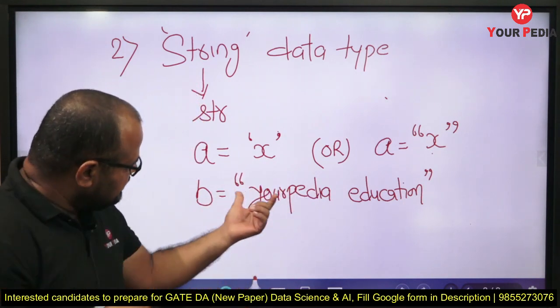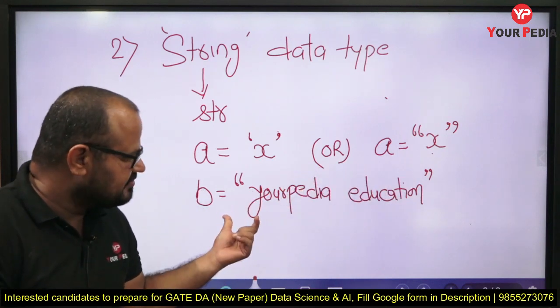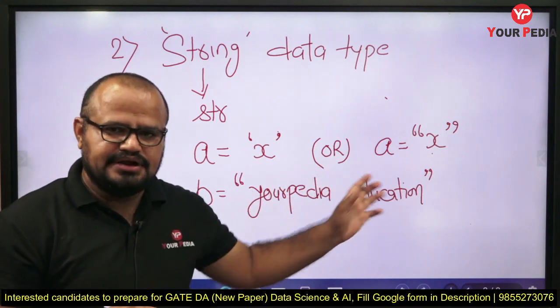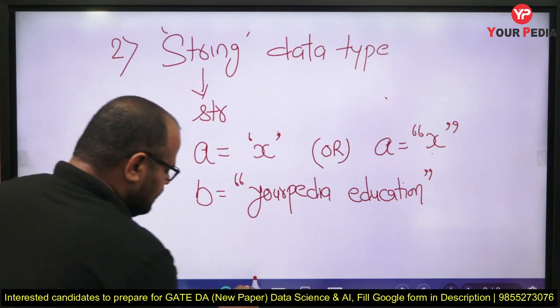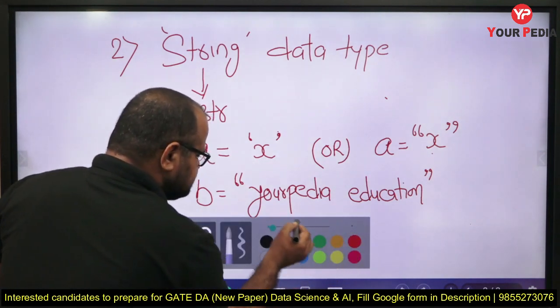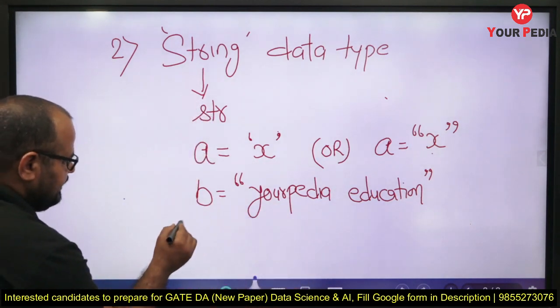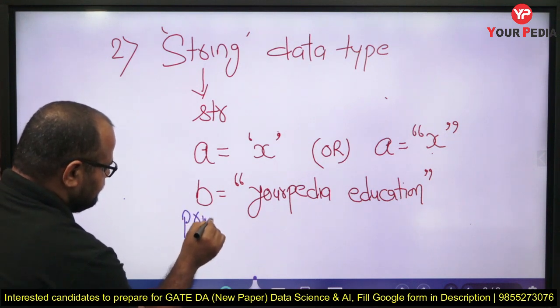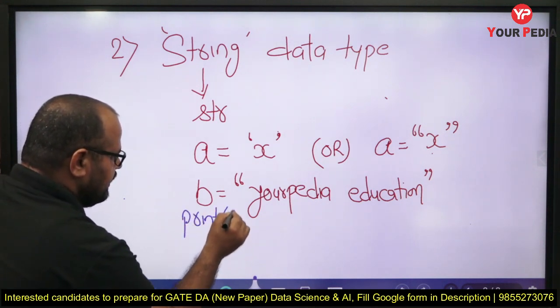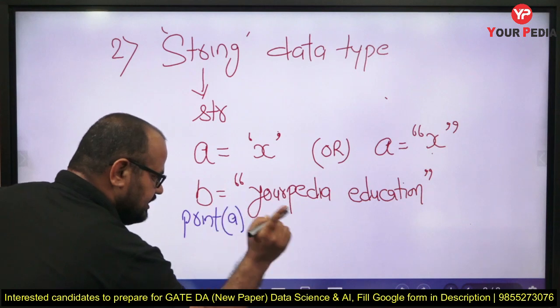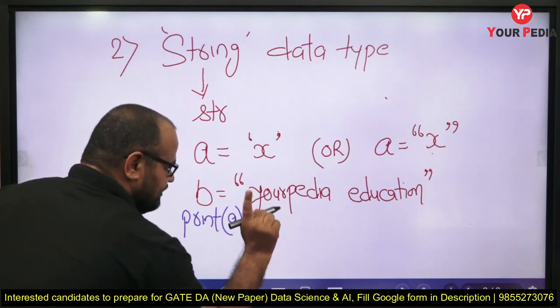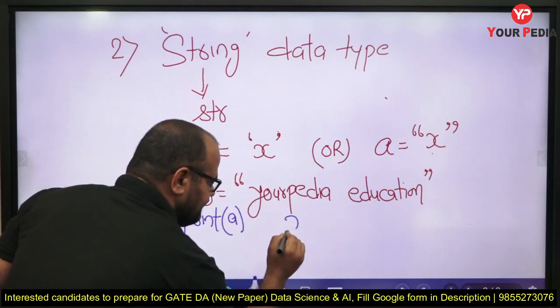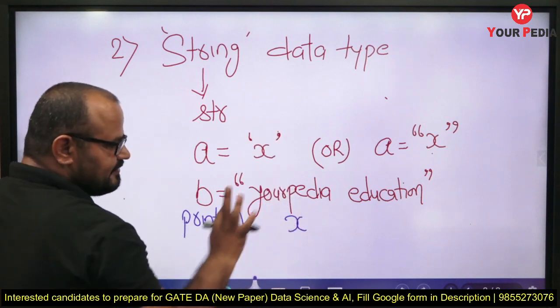Either you can start with double quote and end with double quote, or you can start with single quote and end with single quote. Okay. Now if you just write print a, my dear students, see clearly the output. It gives you output as x instead of quote x.